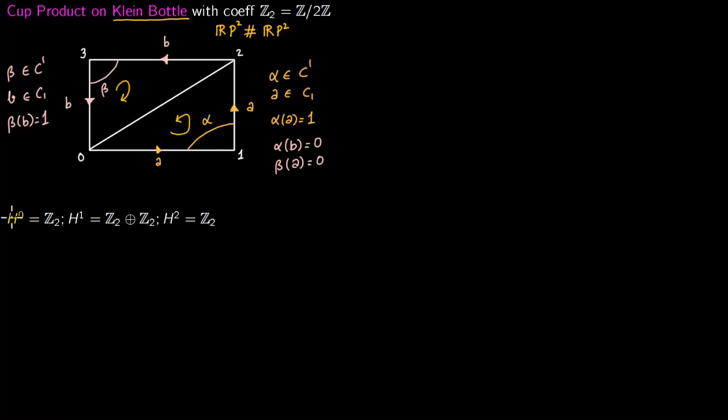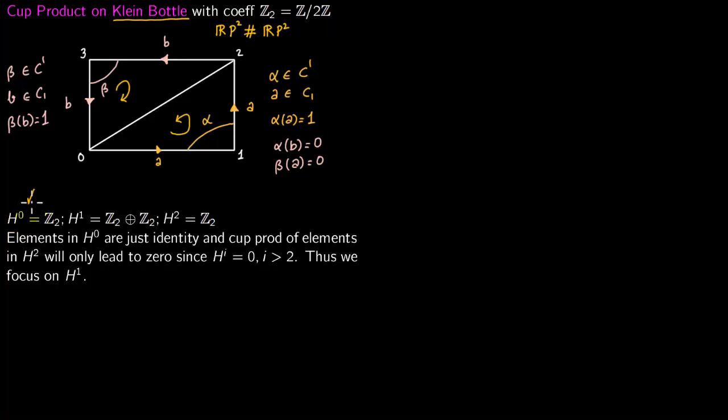Recall that our cohomology groups with coefficient ring Z2 are: H0 is Z2, H1 is Z2 direct sum Z2, and H2 is just Z2. In cup product, H0 is always an identity because cup product is a graded ring structure. We cup H1 to land in H2, and the higher cohomology groups for Klein bottle, H3, H4 and so on, are all 0.